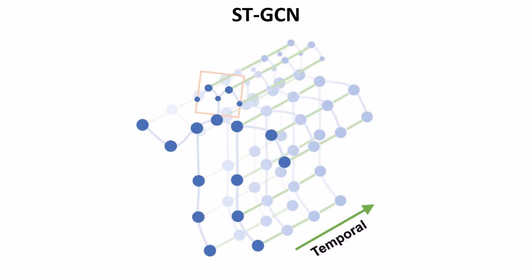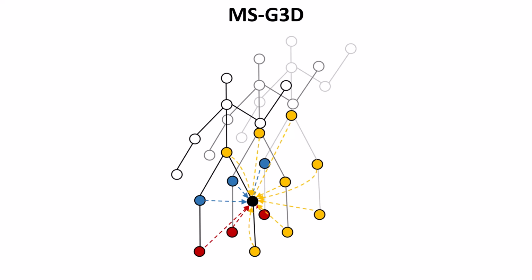So researchers in CVPR 2020 proposed MSG3D, which is kind of an equivalent of 3D convolutions but in graphs instead. What I mean is, for example, let's focus on this black node. Previously, before MSG3D, we only connected the adjacent nodes, which are this yellow node and this one, as neighbors, and passed the information from these yellow ones to this black one.